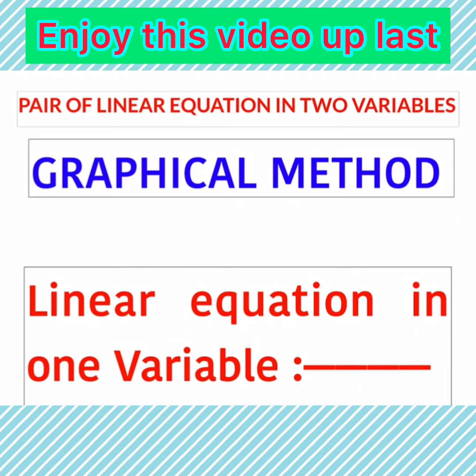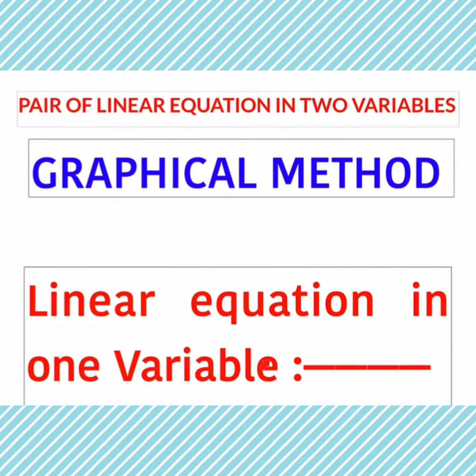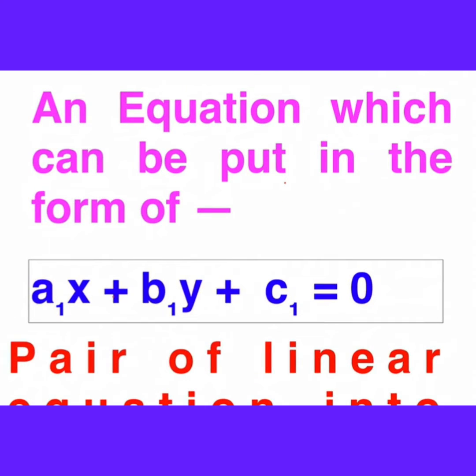Okay, so here is a linear equation in one variable. First of all I want to tell you what a linear equation in one variable is. An equation which can be put in the form a1x plus b1y plus c1 equal to 0 is known as a linear equation.